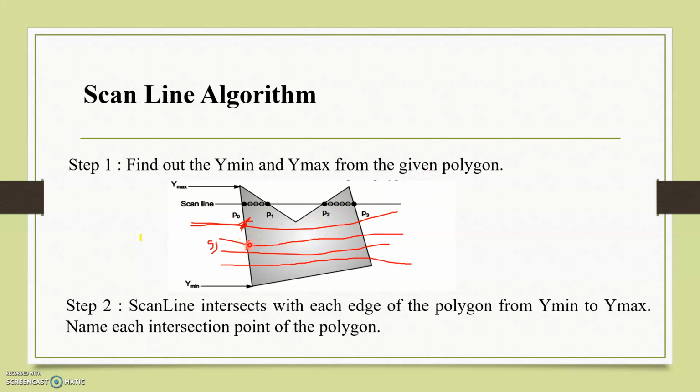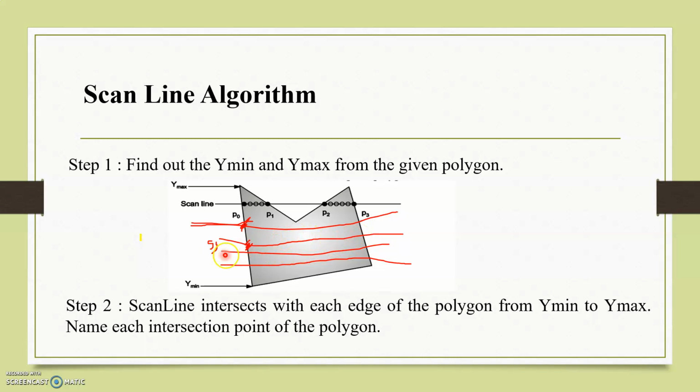The intersection point of the scanline with the polygon is where the scanline and the polygon meet each other. This is your P1 and this is your P2. Then you find the coordinates of P1 and P2, and afterwards you fill the coordinates between the two points.